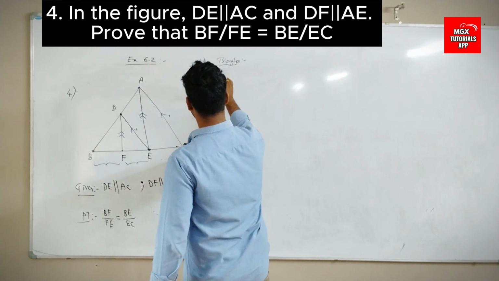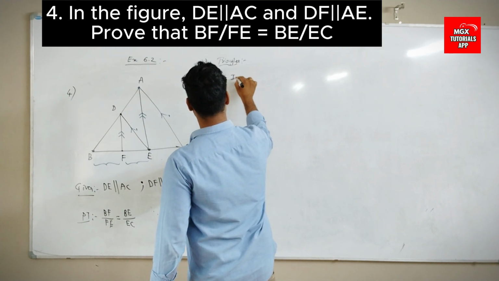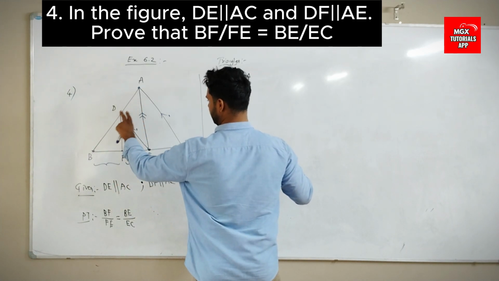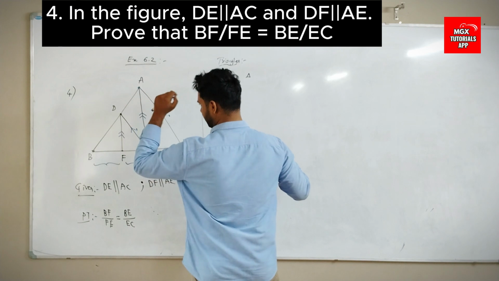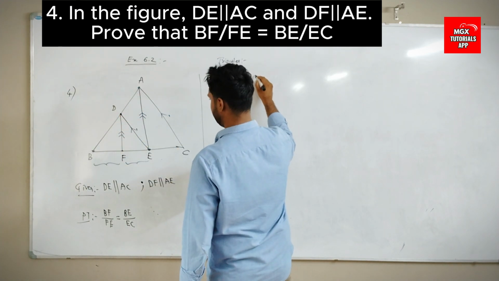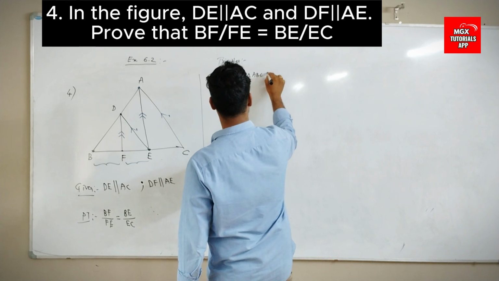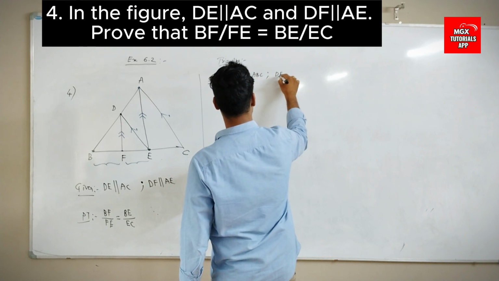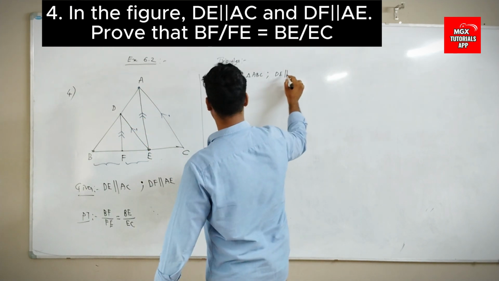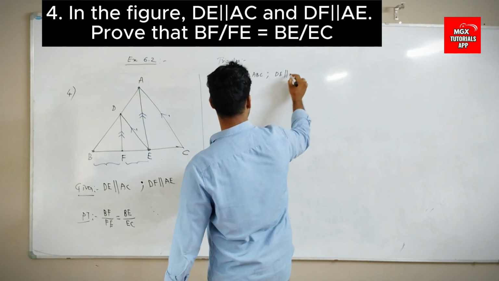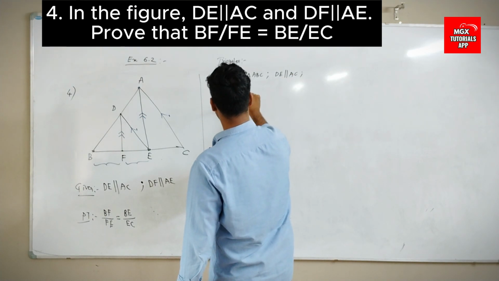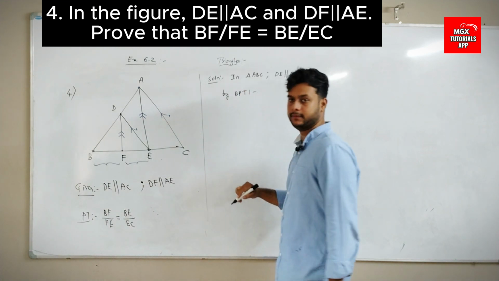see properly now. In triangle ABC, first what is said, that DE is parallel to AC. In triangle ABC, DE is parallel to AC, by BPT, what will work by BPT?